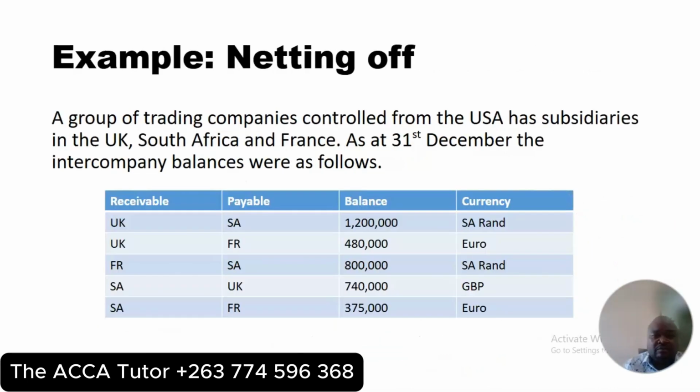Like I said, in bilateral netting, we will only be looking at netting of receipts and payments between two group companies, so that one is not really going to be a problem. But in the exam, expect to encounter a question that requires you to do multilateral netting.